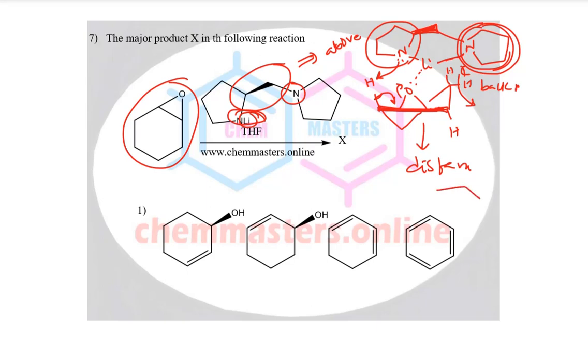So now just draw the product which will be formed from it. The hydroxy group should be above the plane, because as we have taken, the thick line epoxide is near to us. That's why the hydroxy group should be above the plane, and from this side only the double bond should be there, because this part is considered the front side, near to us, above the plane.